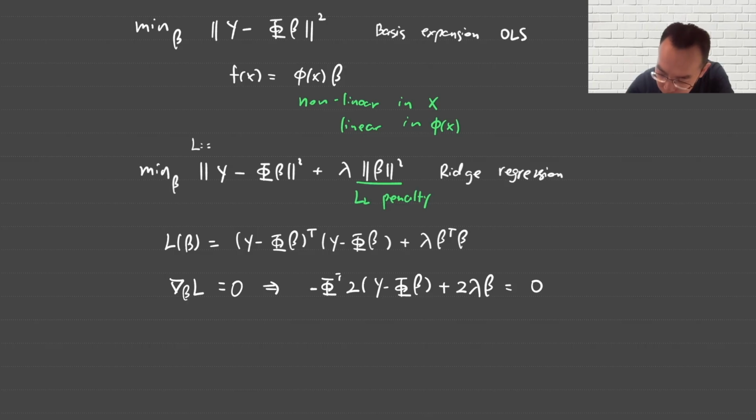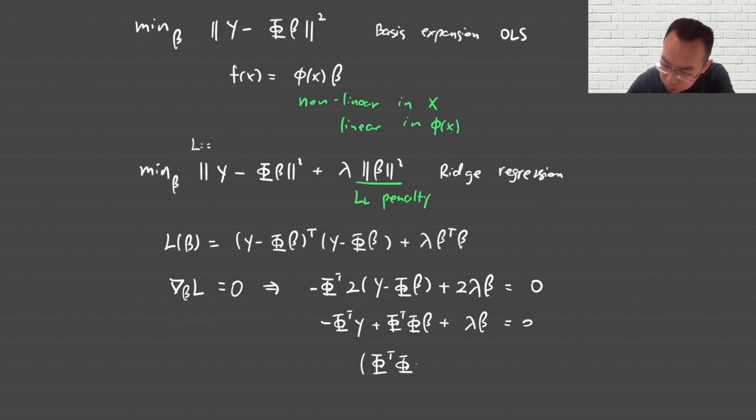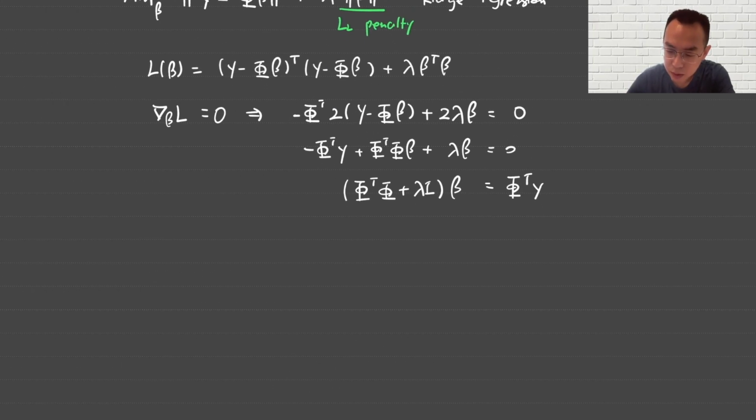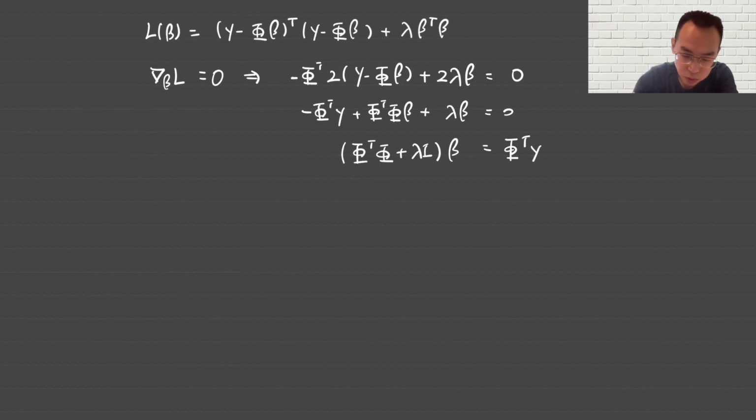And we cancel all the 2. We have minus phi transpose y plus phi transpose phi beta plus lambda beta equals 0. So we have (phi transpose phi plus lambda I) beta equals phi transpose y. So this is the normal equation we have in the end, the normal equation of ridge.